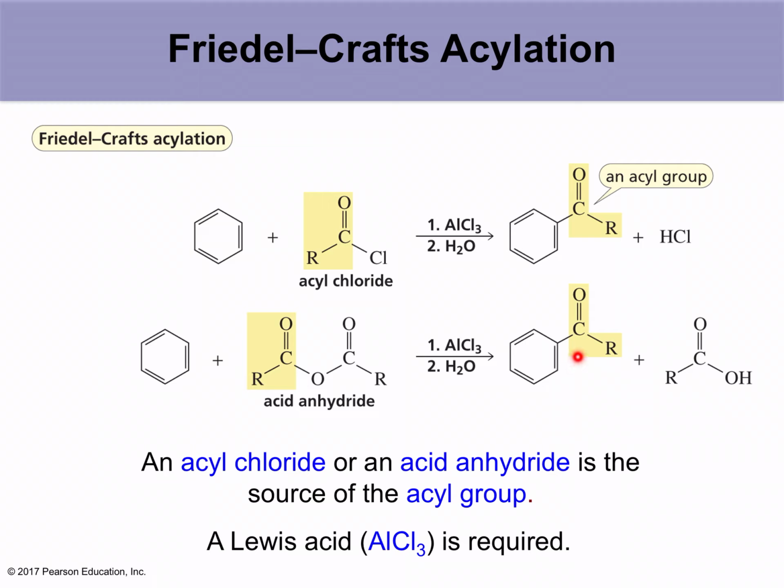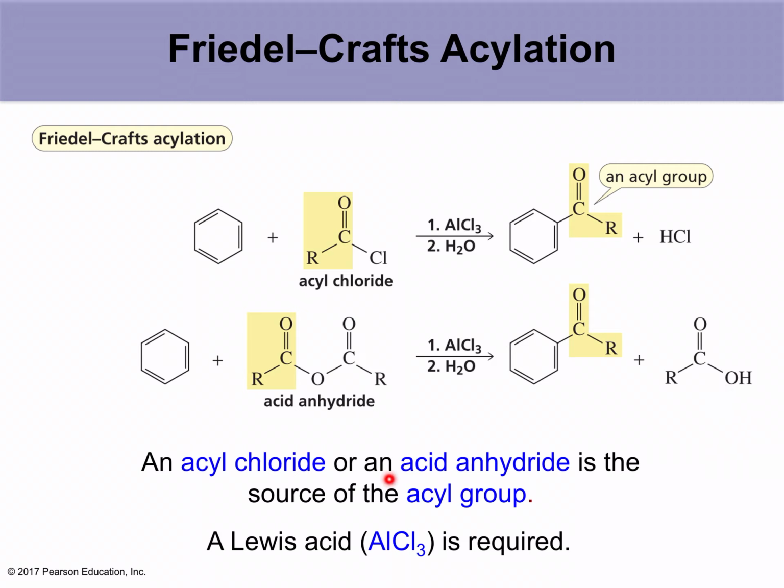Then you will add the acyl group on the benzene ring. Okay, and then from this part, I said it's the ester, but no, it's going to be a carboxylic acid. Okay, so you will be generating a carboxylic acid because this is an alkyl carbonyl oxygen. This will grab a hydrogen and make the acid.